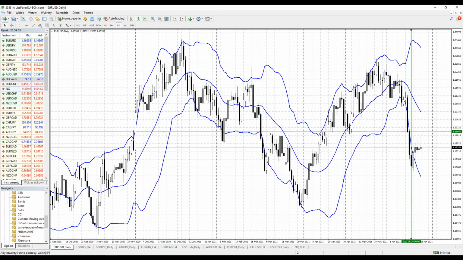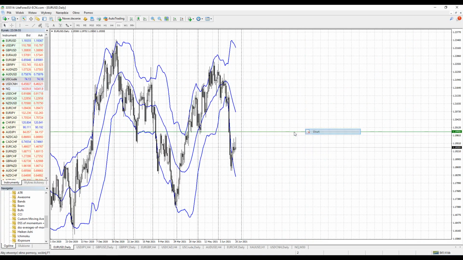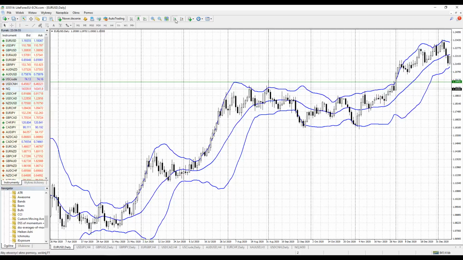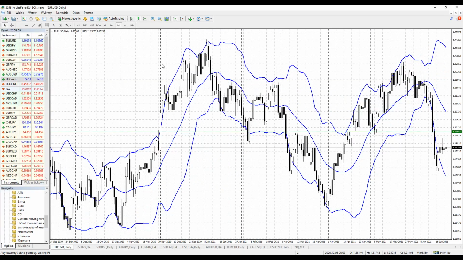So in that case, I'm going to try to visualize what I'm talking about. After a significant move to the upside, we finally saw an attempt to make the pullback, and then after the pullback we saw the price going significantly higher.